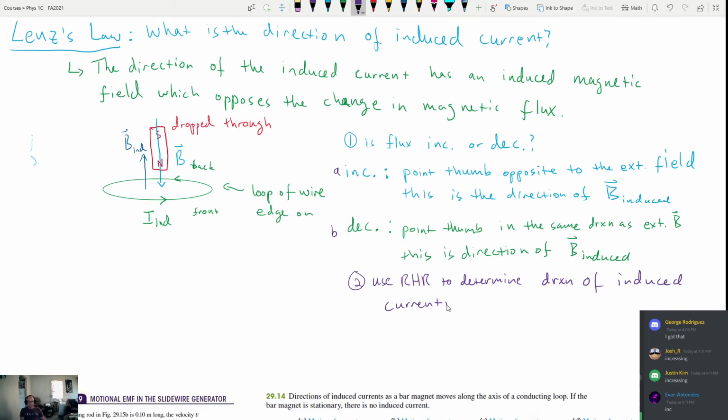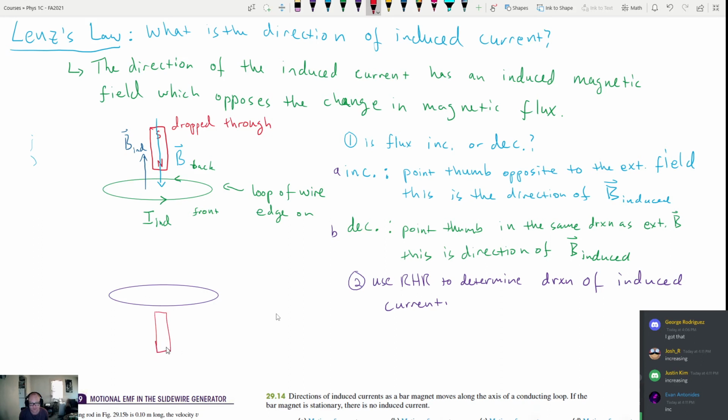Okay? Let me give you a decreasing example, all right? So we take a loop, okay? And now let's consider what happens after our magnet has fallen through the loop, okay? So basically the same loop as we had before, but now suppose that our magnet has fallen past the loop.